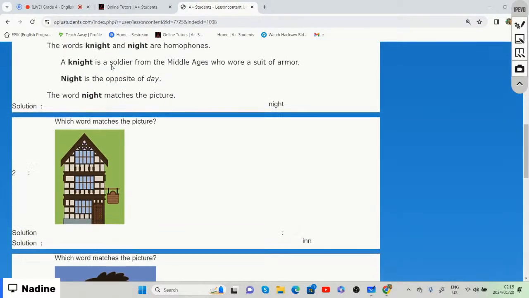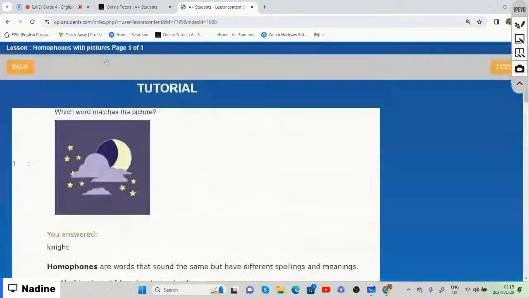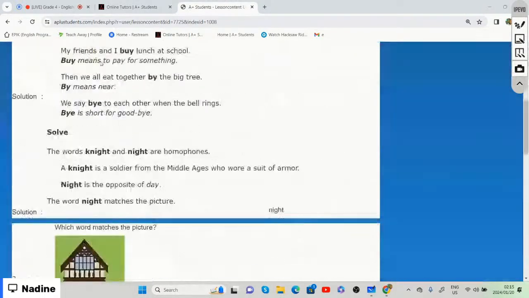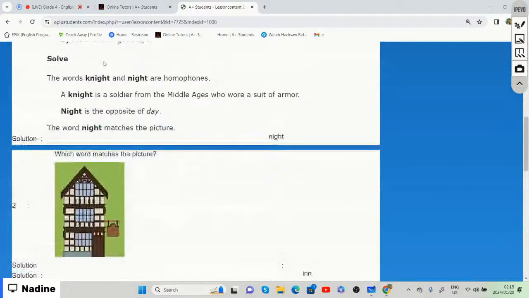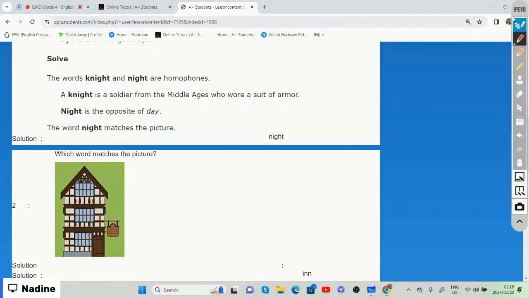So now we're going to have to look at the pictures and match them with certain words. Which word matches the picture? If we look at that specific picture, this is an inn or hotel many years ago. So this is an inn.